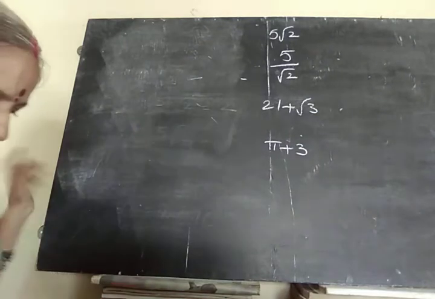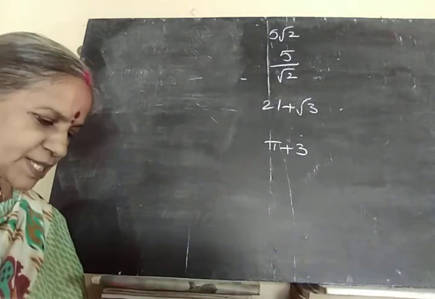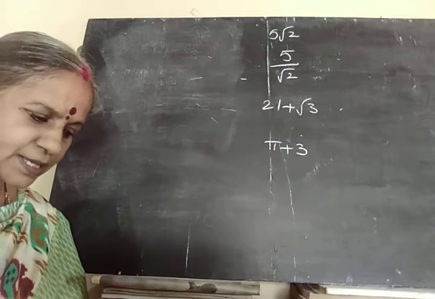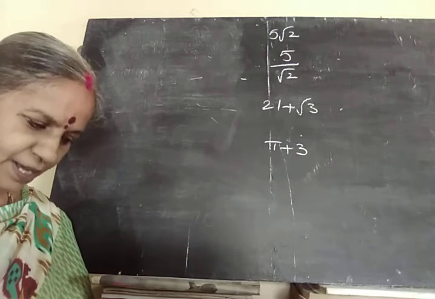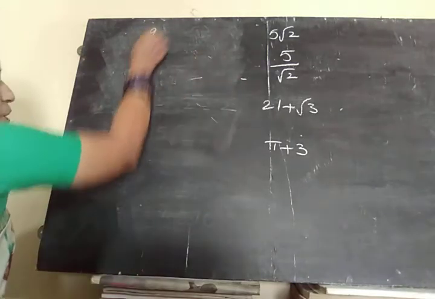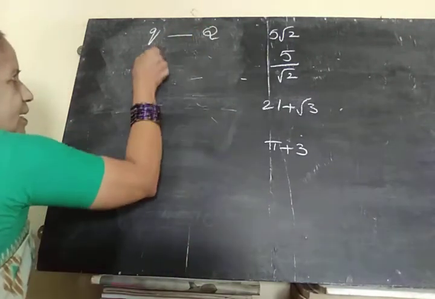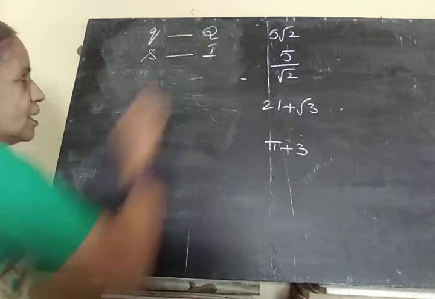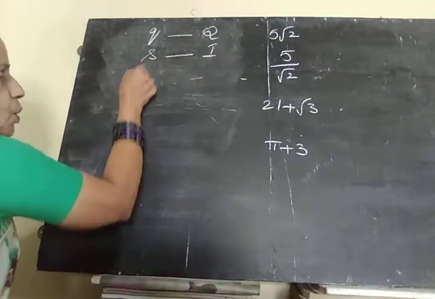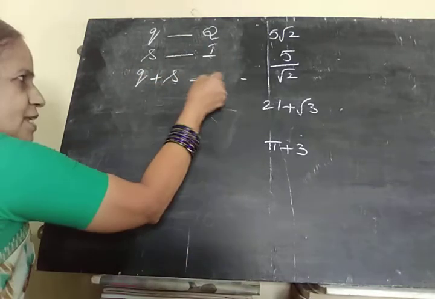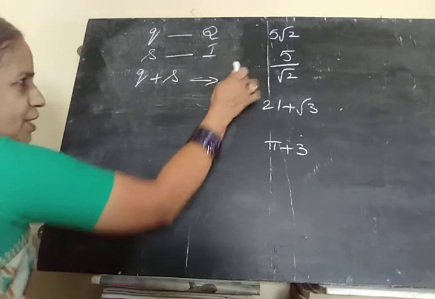See children, in the box, if Q is a rational number and S is an irrational number, then Q plus S is an irrational number only.